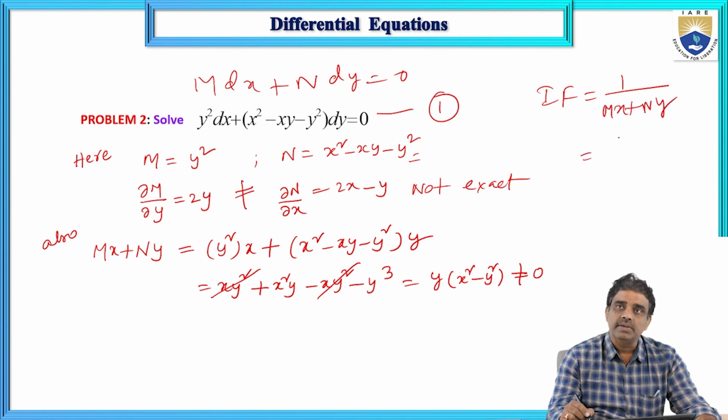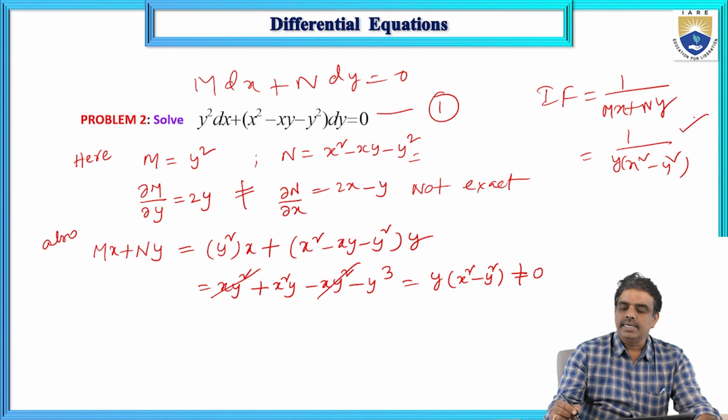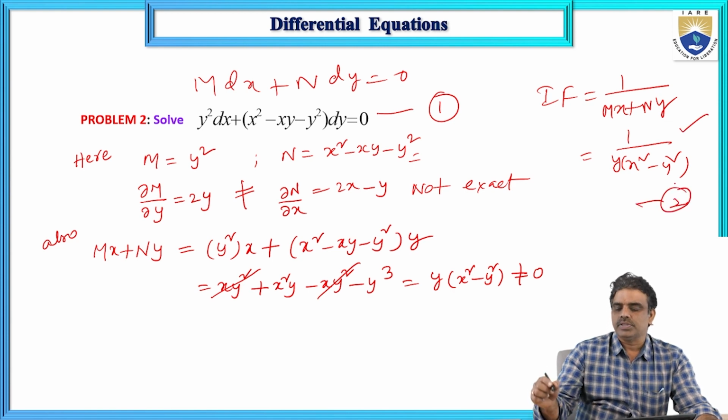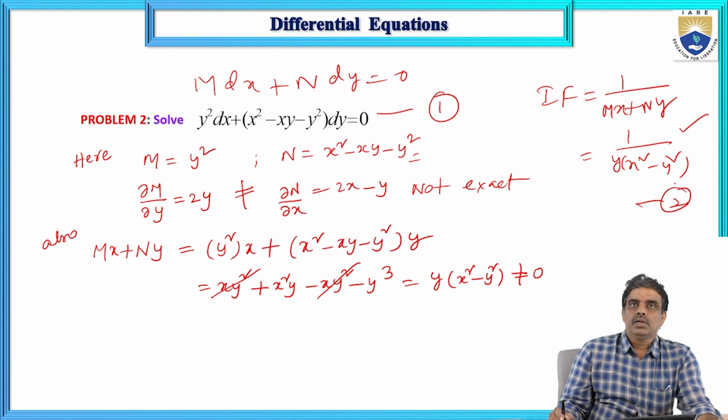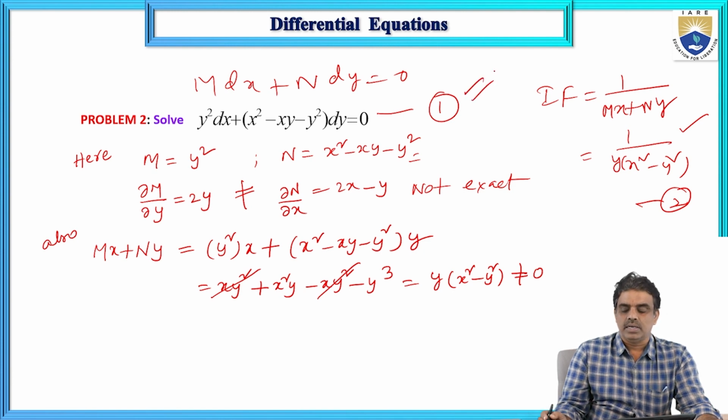So what is mx plus ny? It is y into x square minus y square, so the integrating factor is 1 by y into x square minus y square. Call this equation number 2. Now, to make equation 1 an exact equation, we multiply 1 with 2.